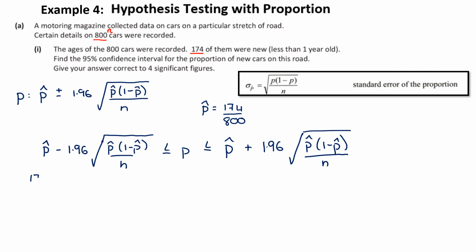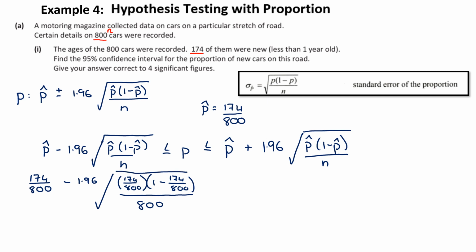So we get 174 over 800 minus 1.96 square root of 174 over 800 times 1 minus 174 over 800, all over 800, less than or equal to P less than or equal to 174 over 800 plus 1.96.